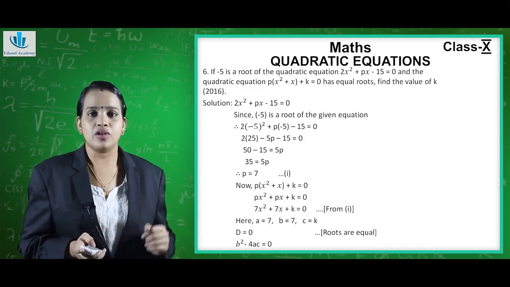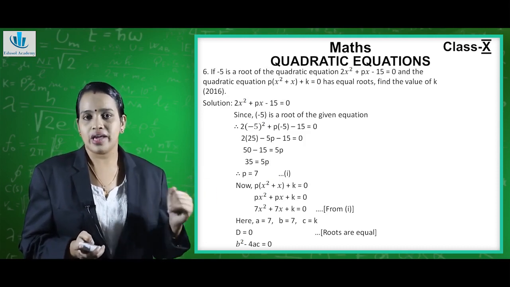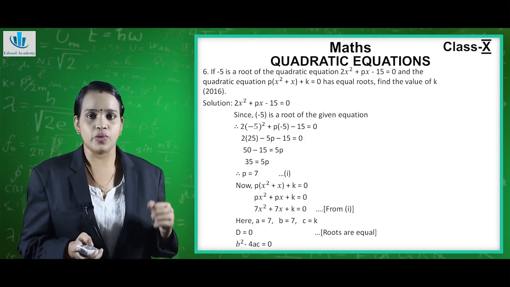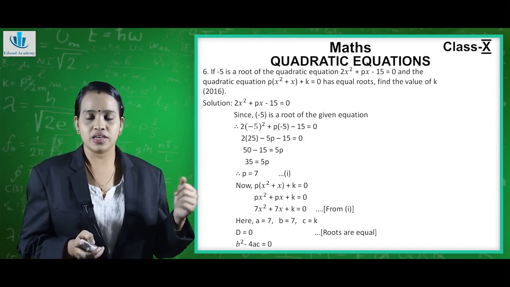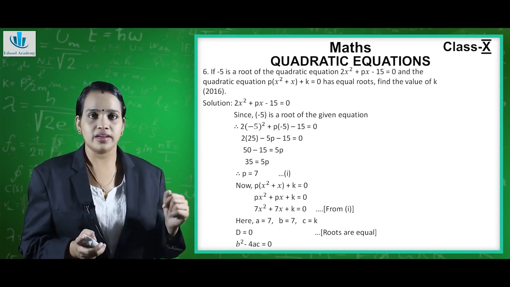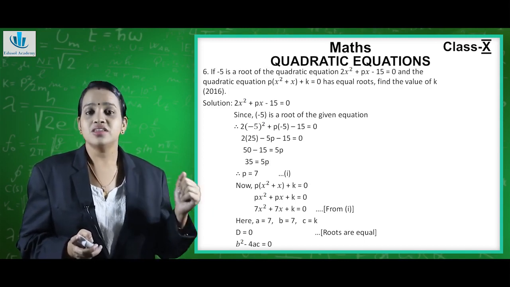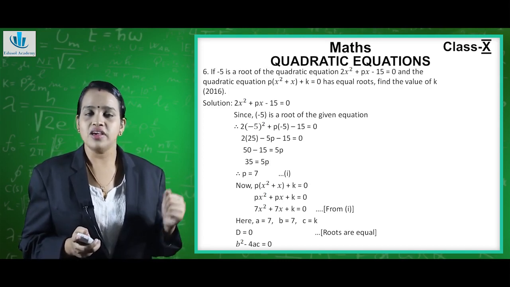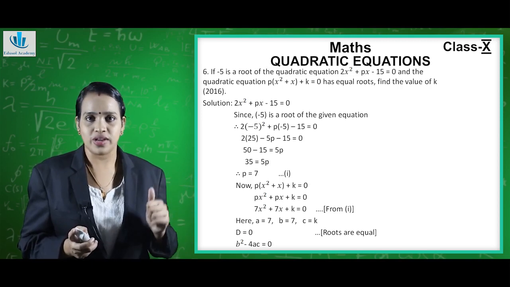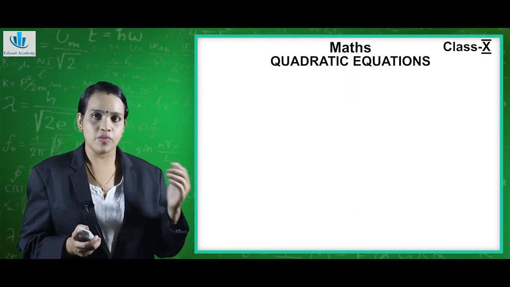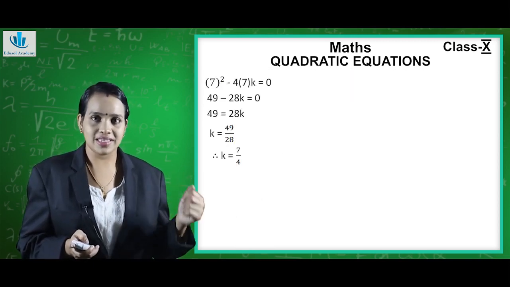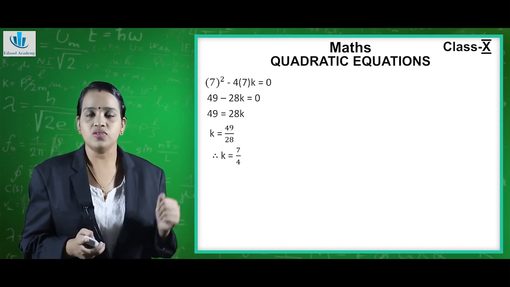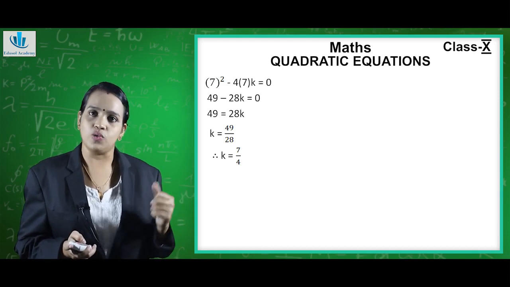Now we can take the values of a, b and c. So our a is equal to 7, b is equal to 7 and c is equal to k. Now we already know D is equal to 0 because it is said that the equation has equal roots. So D is equal to b² − 4ac, which is equal to 0. Now we will put the values of b, a and c over here. So it becomes 7² − 4 into 7 into k = 0.